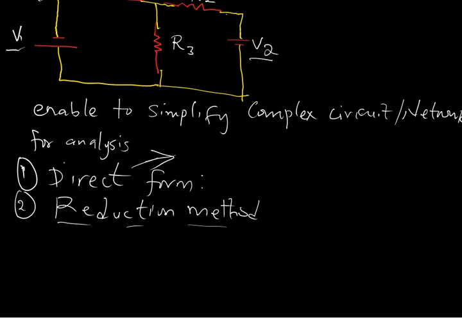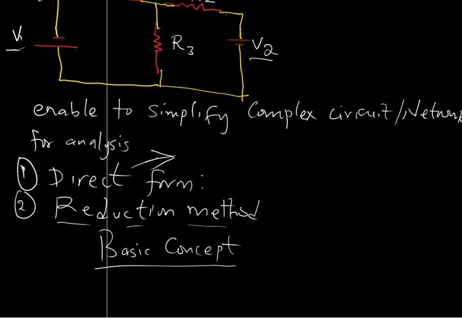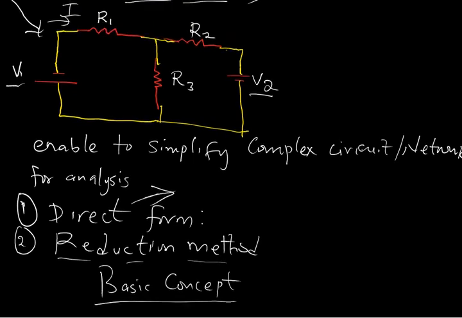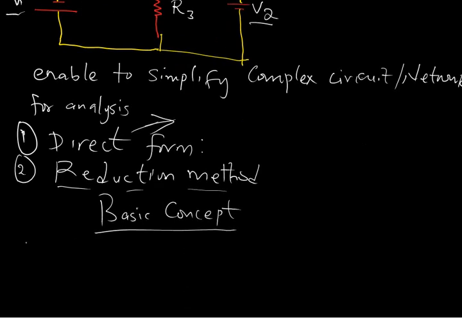Okay, so now there are some basic concepts you need to know before we actually start with the laws and the theorems. The very first is that you already know what a circuit is. You need to know what a junction is in a circuit.